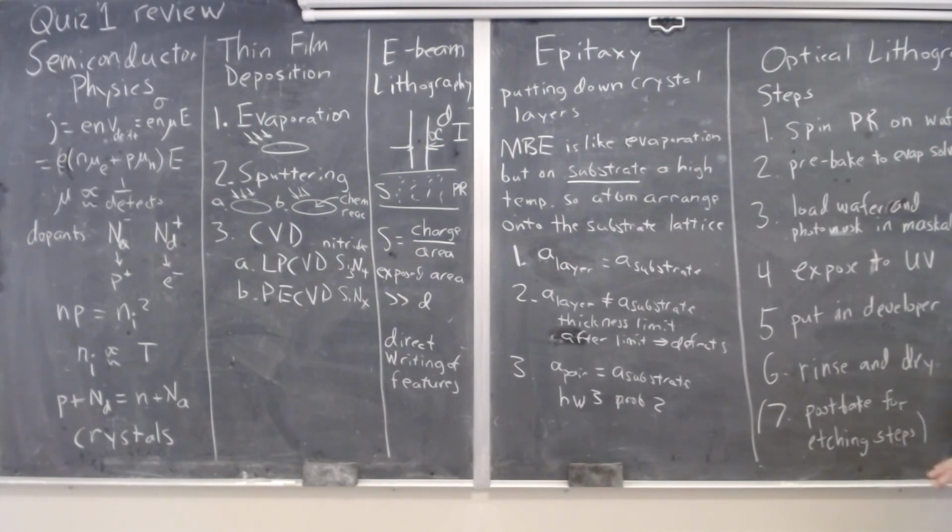For example, if you're doing liftoff where the photoresist stencil is just meant to be a mechanical thing, you don't do number 7. Okay, not for liftoff. And so that's why that's in parentheses.